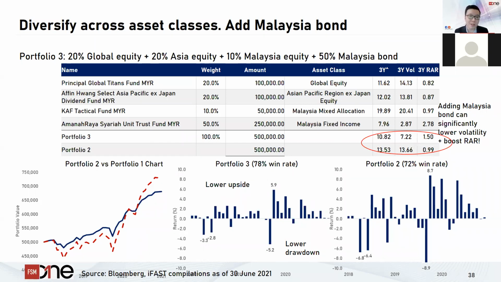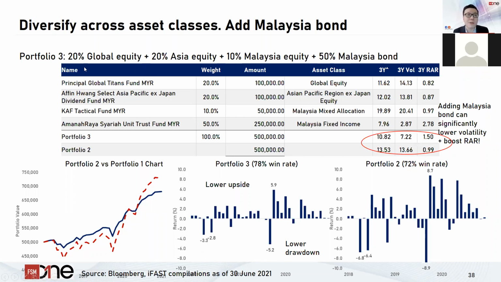Firstly, with Malaysia bonds, there's no currency risk. Then they are a different asset class, and the way they generate returns is different from equity funds. Also, Malaysia bonds give quite attractive yields compared to a lot of other markets or bonds outside of Malaysia. So it's a core part of our Malaysian investors' portfolio.